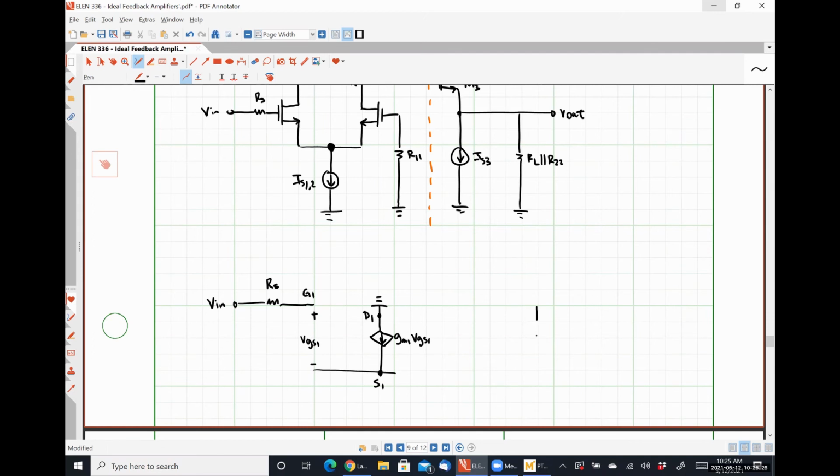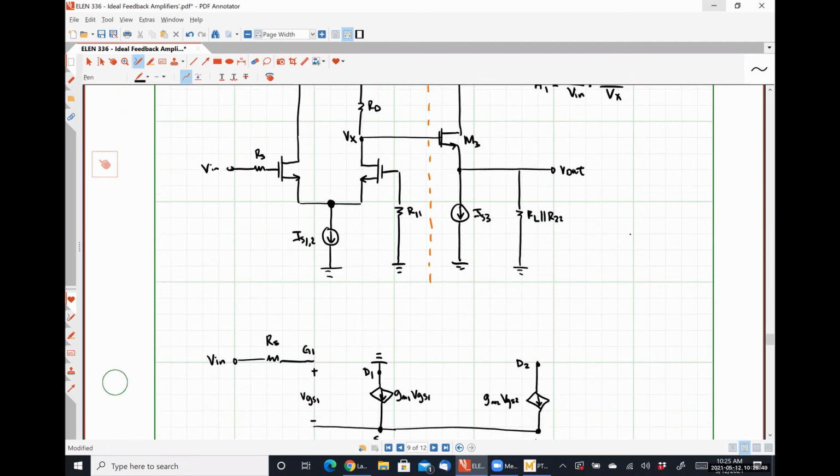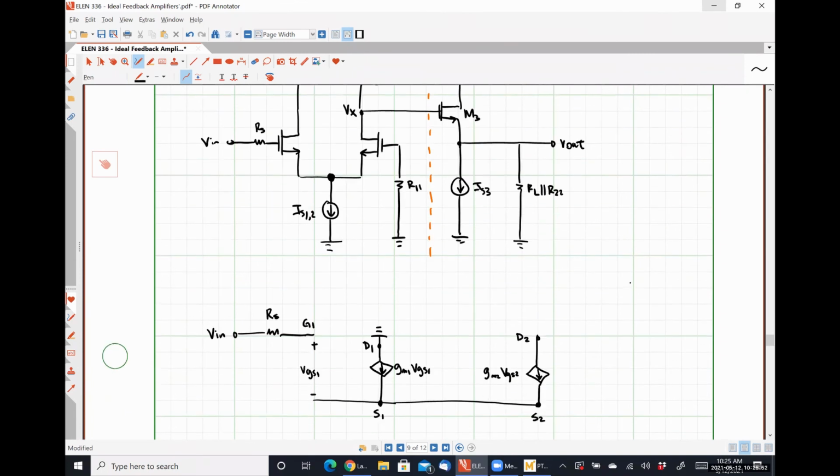Then over here, I'm going to have gm2 VGS2. I know that my sources are connected together, so this is the source of transistor 2. This is the drain of transistor 2. Between the drain and ground of transistor 2, we're going to have that resistor RD, since VDD is a small signal ground. And actually, let me move this over to the other side.